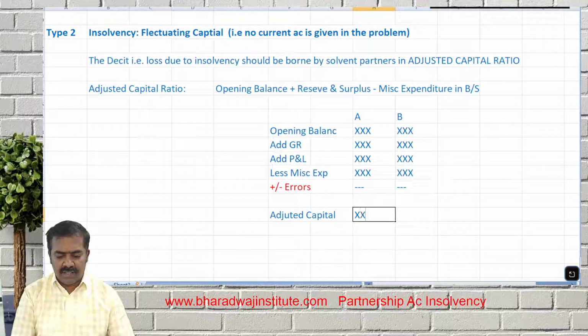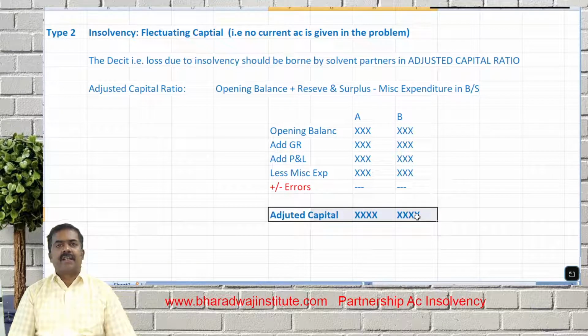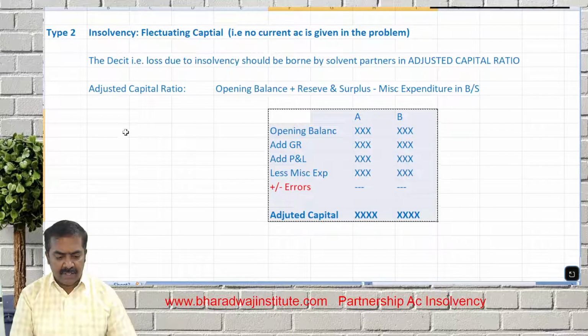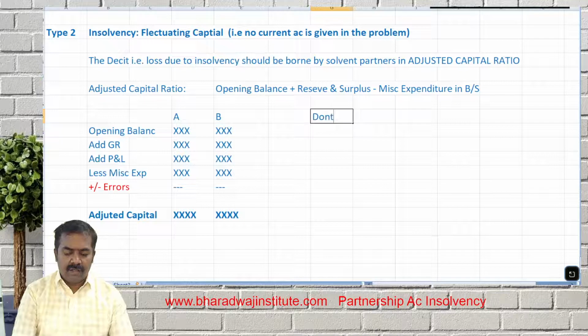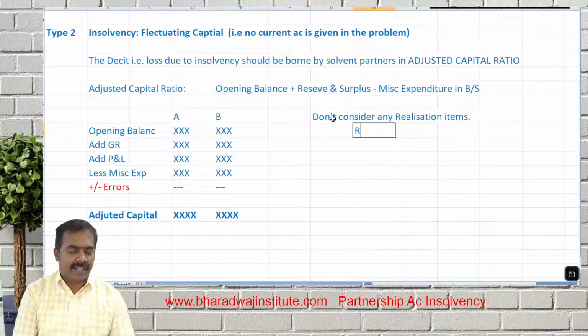As per Garner versus Murray rule, I was telling in the last class, the insolvency loss will be borne in which ratio? Adjusted capital ratio. So, how to calculate adjusted capital ratio? Most important thing, do not consider any realization items, which may be realization loss or profit.